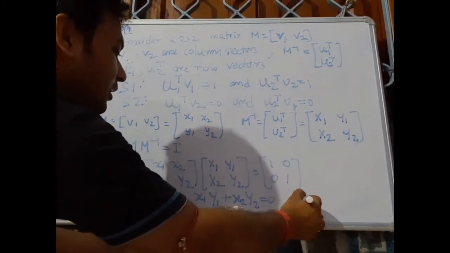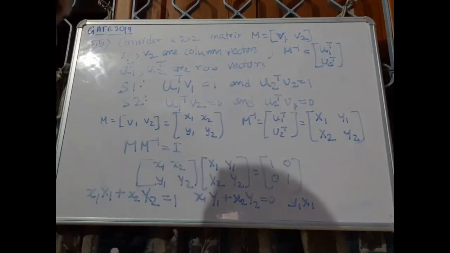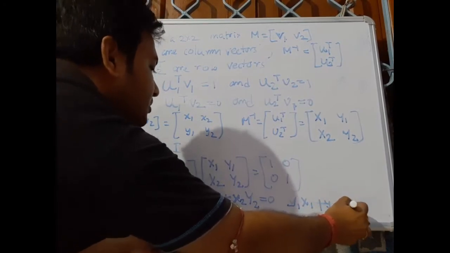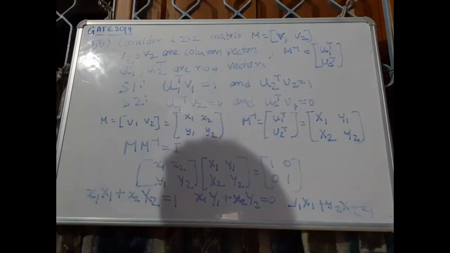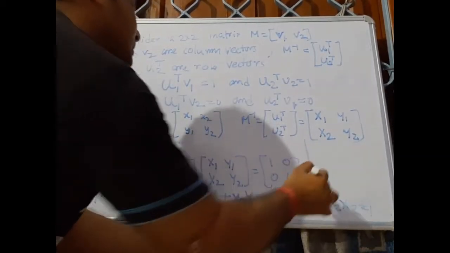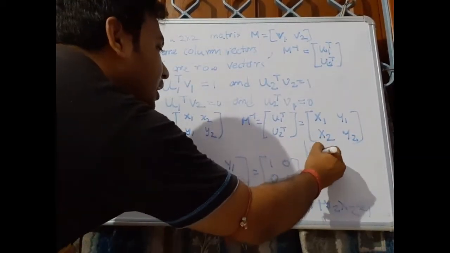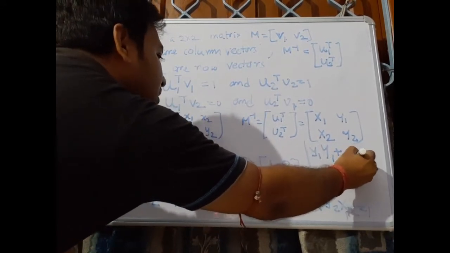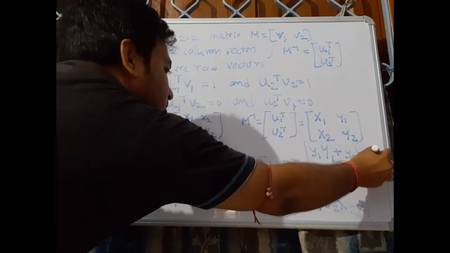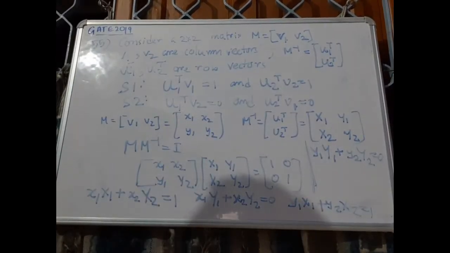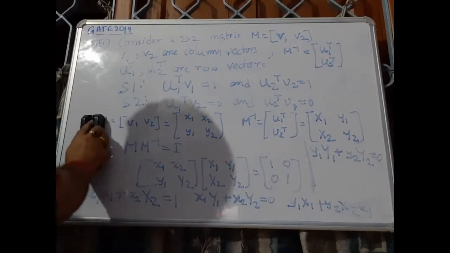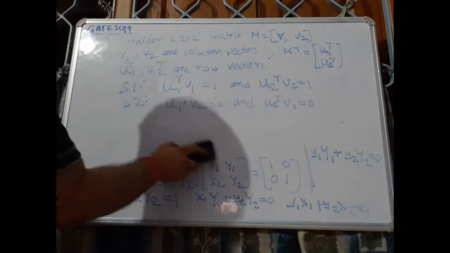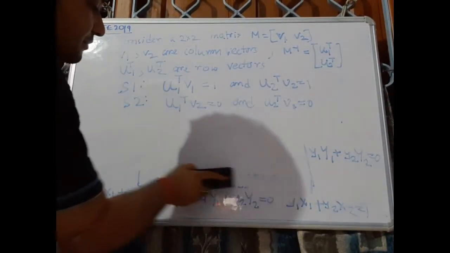Small y1 capital X1 plus small y2 capital X2 will be 1, and small y1 capital Y1 plus small y2 capital Y2 is also 0. These are the four equations we get from the multiplication of matrix M and its inverse matrix.